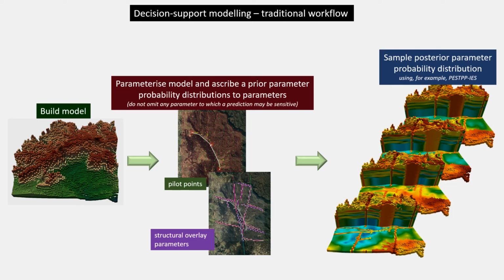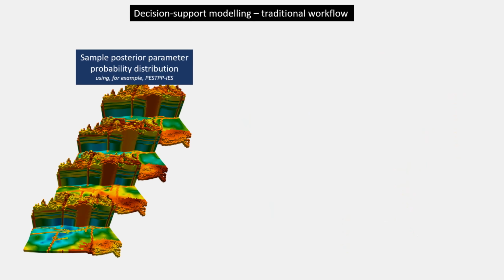I change the parameters till, from originally sampling the prior probability distribution, they're sampling the posterior parameter probability distribution. That is, they are history match constrained. That is, these parameters have absorbed the information that is contained in a history matching data set. Now I'm sampling the posterior parameter probability distribution.